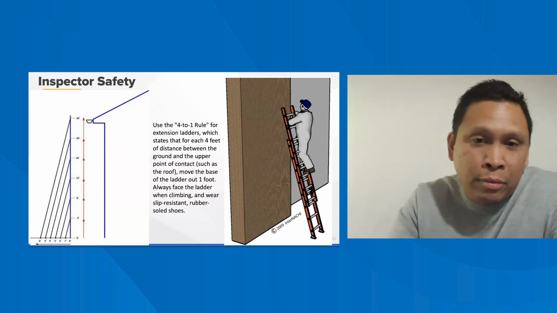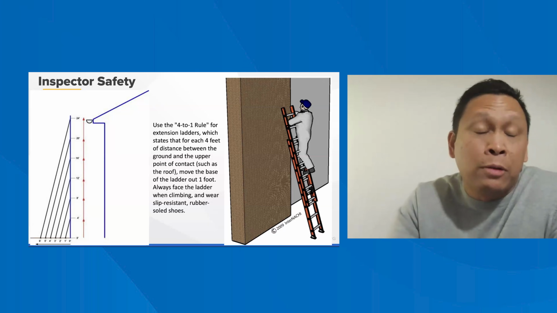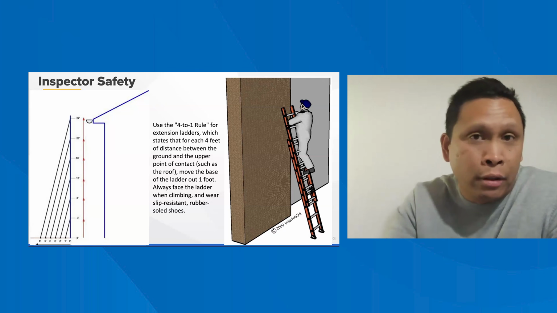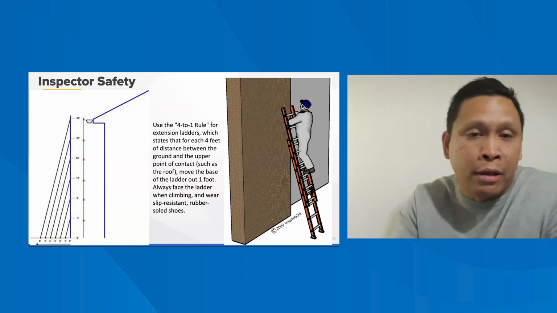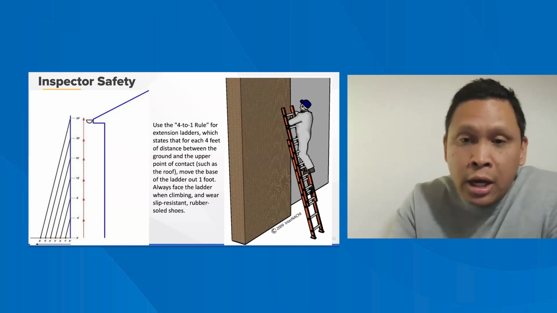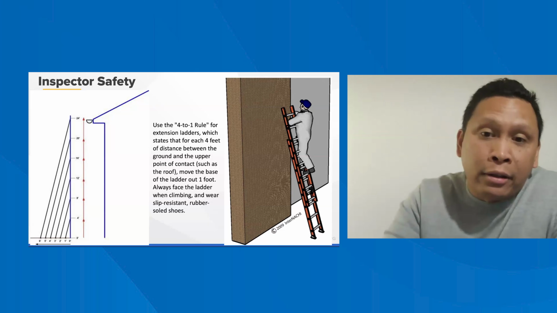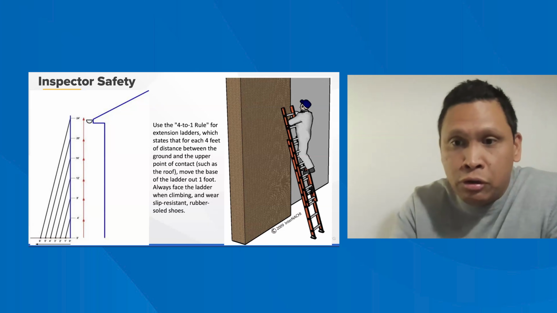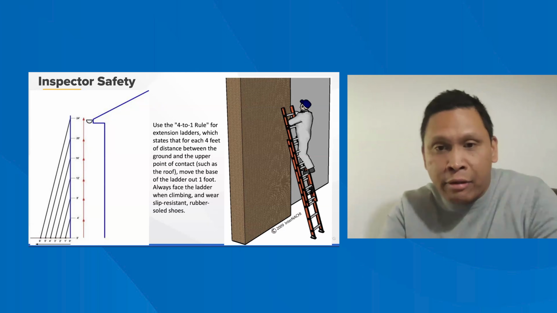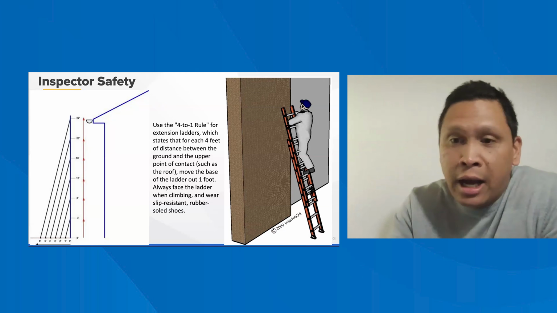Some of the concerns from an attic inspection standpoint: you could actually put your foot through the ceiling from beneath. You could actually fall through the ceiling. So remember, safety first. You could bump your head on things, on the rafters, on the collar ties that tie the rafters together, on the trusses.